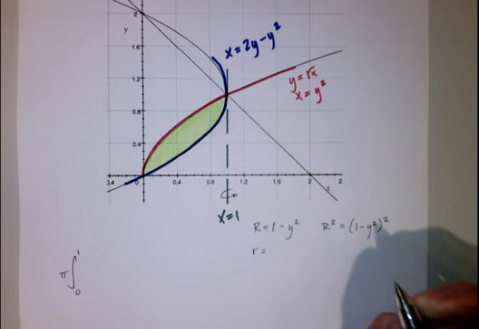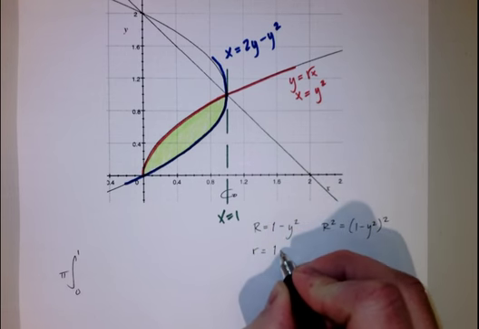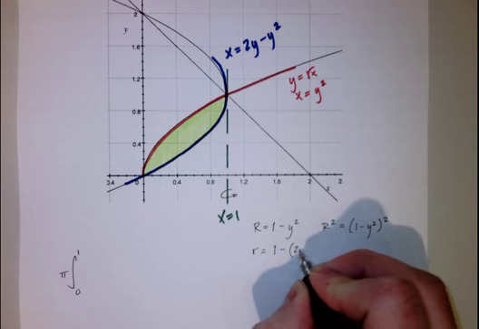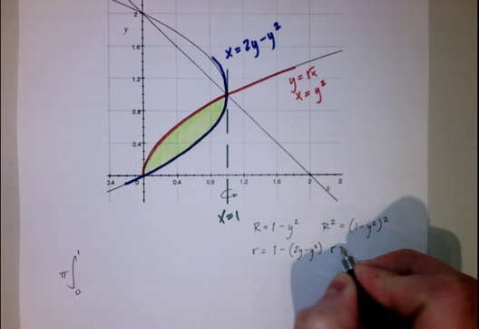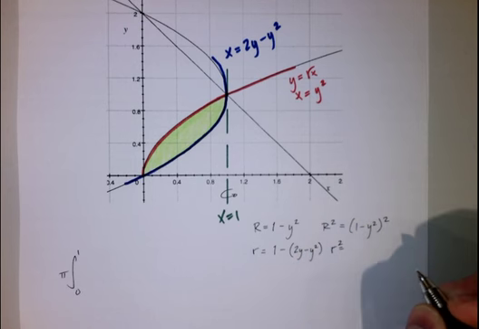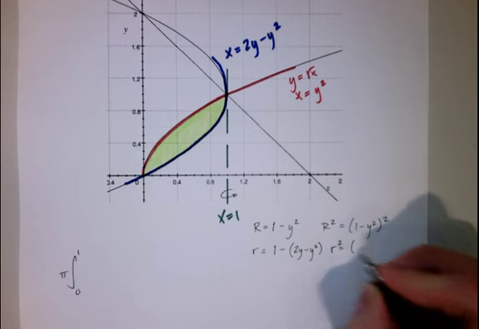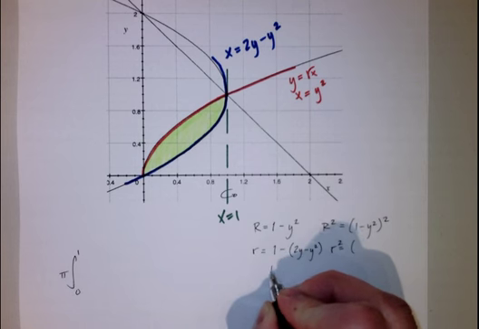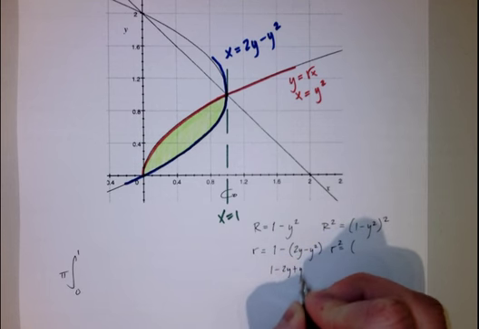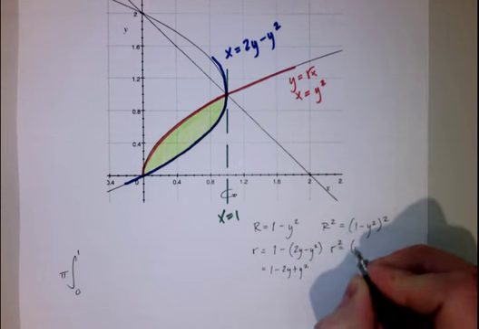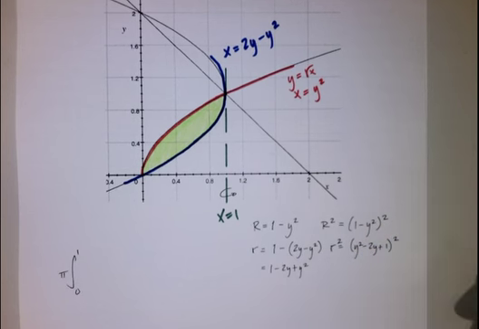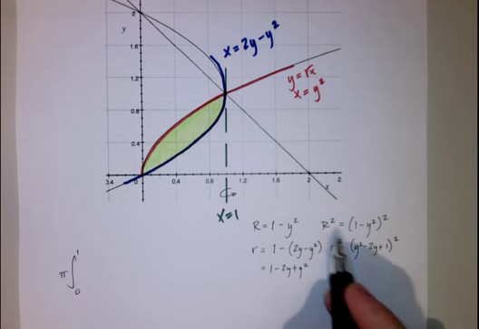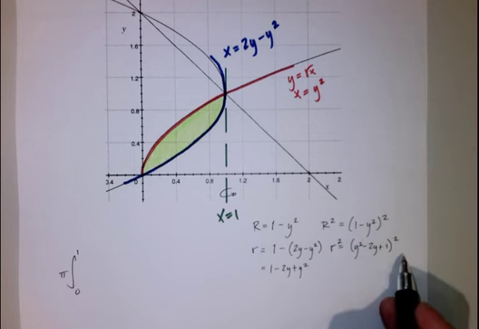My small r is going to be 1 minus 2y minus y squared, okay? And when I square it, this winds up being 1 minus 2y plus y squared. So I can put it in descending order and square it. Now, I have big R, I have small r.